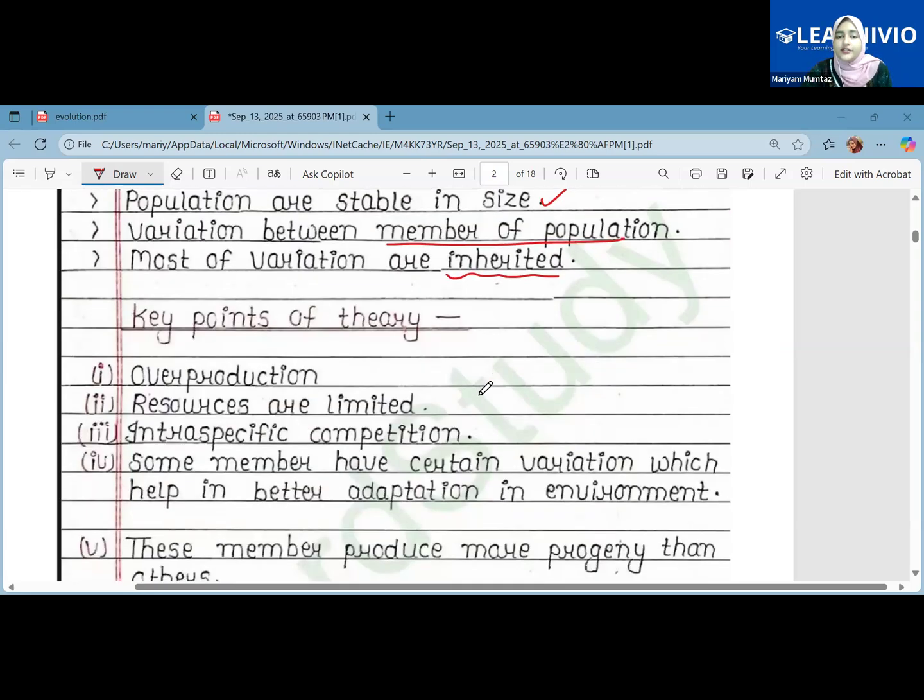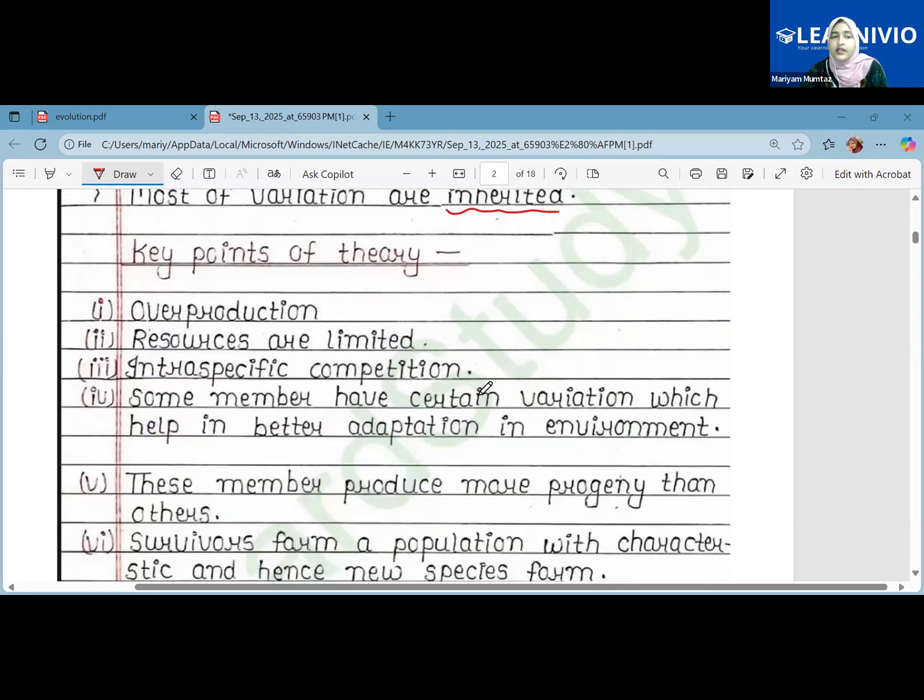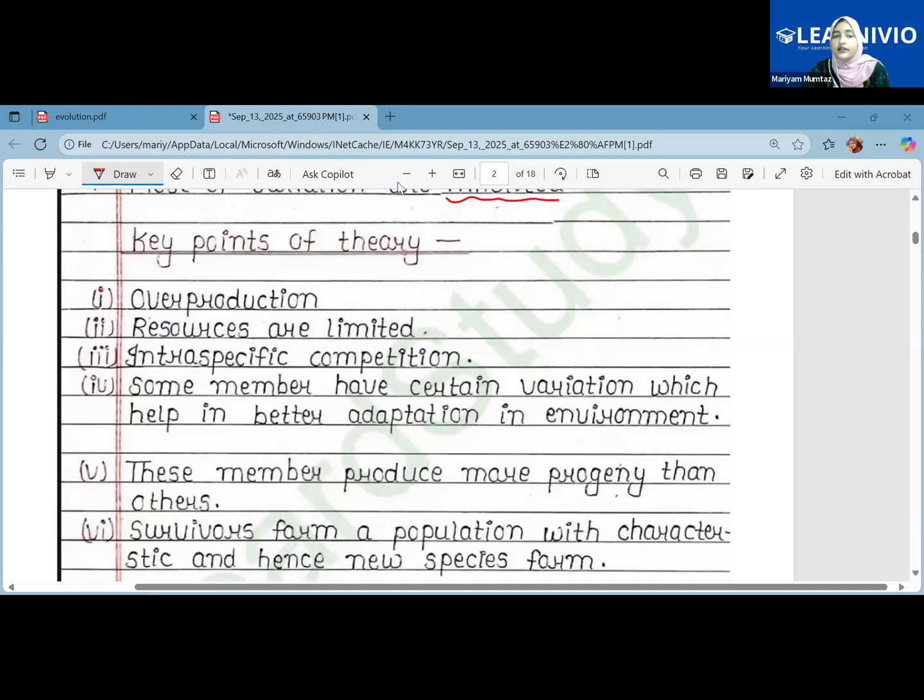Now, what are the key points of this Darwinian theory? Overproduction, resources are limited, intra-specific competition. For example, this is the amount of resource, and for this resource, several species are competing. Like if there's a lake that has water, the deer and the different herbivores of the jungle come to the same lake to drink water, and so do the lion and the tiger.